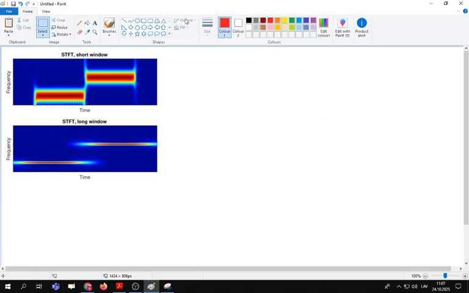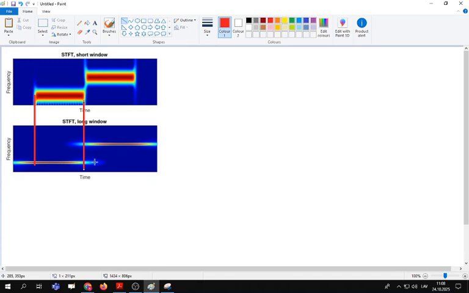So now you can see that the actual starting moments here were here and here, and those starting moments are now kind of a little bit smeared for the picture below. That means your time resolution is now worse. You can no longer say where exactly is the beginning of this frequency, yes? Whether it began here, or here, or here, or here, it actually is kind of distributed along this range.